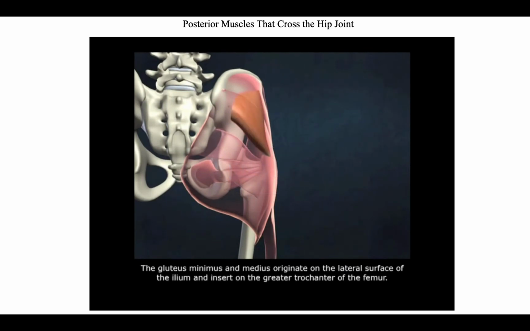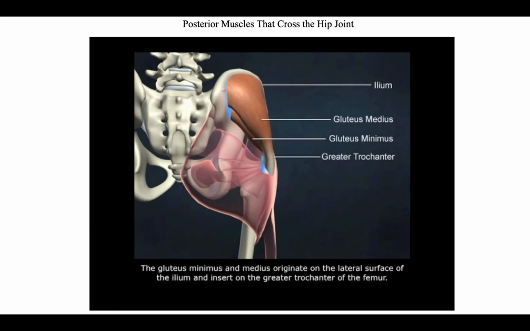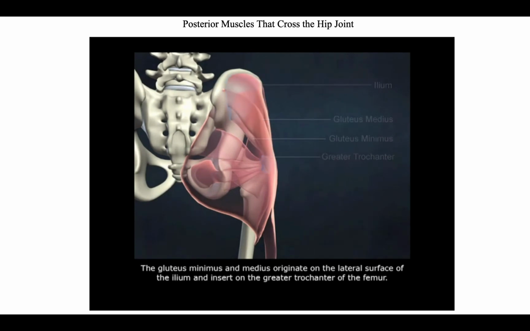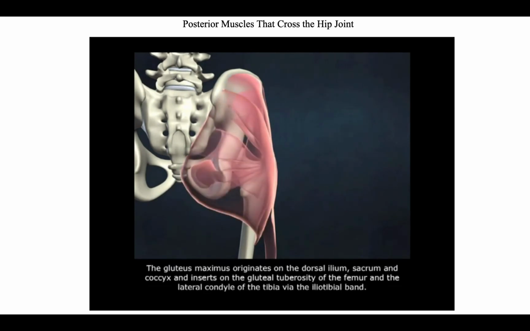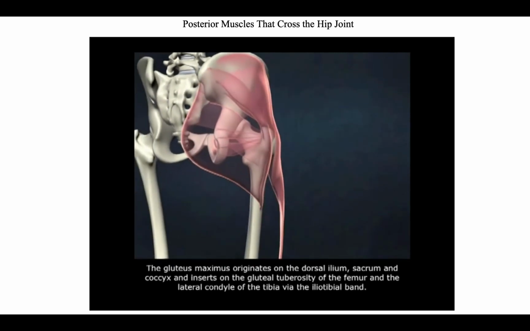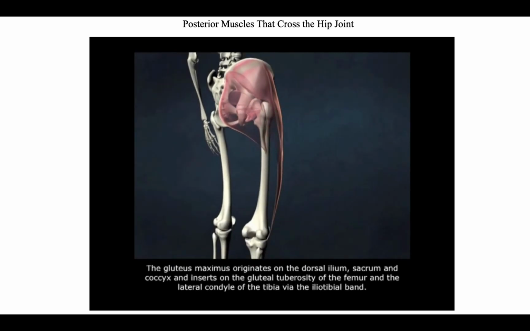The gluteus minimus and medius originate on the lateral surface of the ilium and insert on the greater trochanter of the femur. The gluteus maximus originates on the dorsal ilium, the sacrum, and coccyx, and inserts on the gluteal tuberosity of the femur and the lateral condyle of the tibia via the iliotibial band.